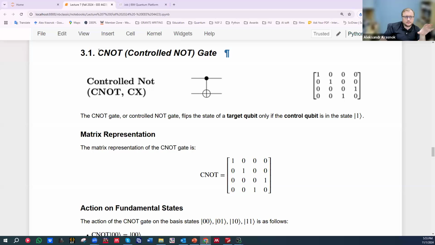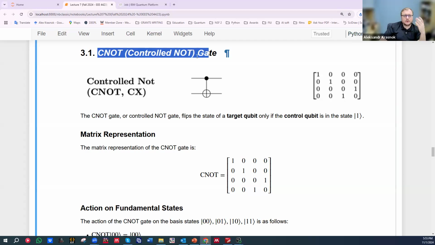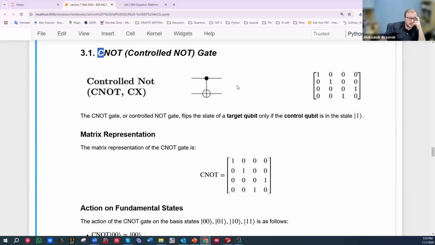The most important gate is the CNOT gate, also known as the controlled-NOT gate. This C stands for control, or CX. Okay, CX, CNOT gate. This is the schematic presentation, right? It is a bold circle connected to the upper qubit, and the second qubit has this white circle with the plus inside.